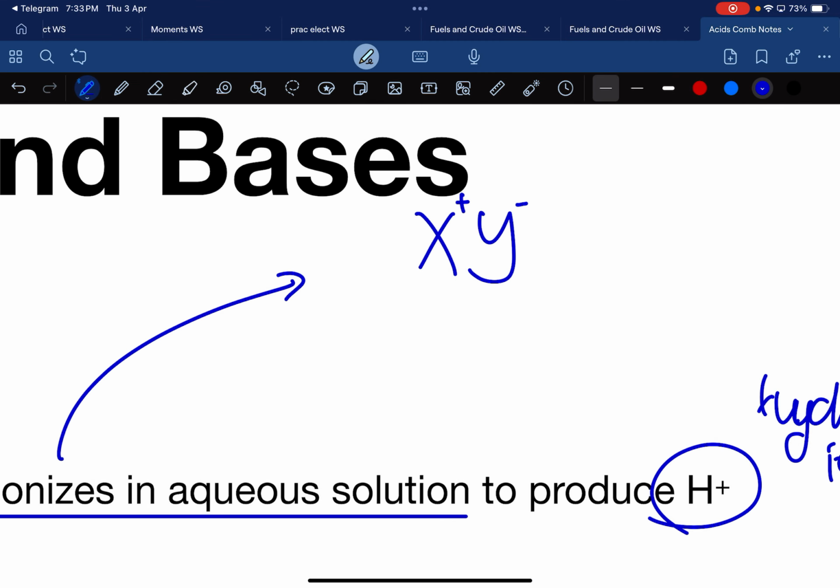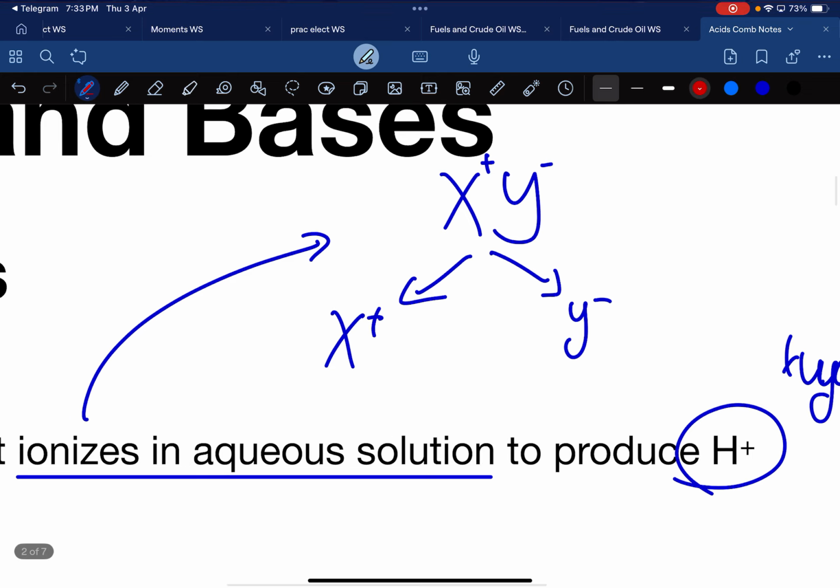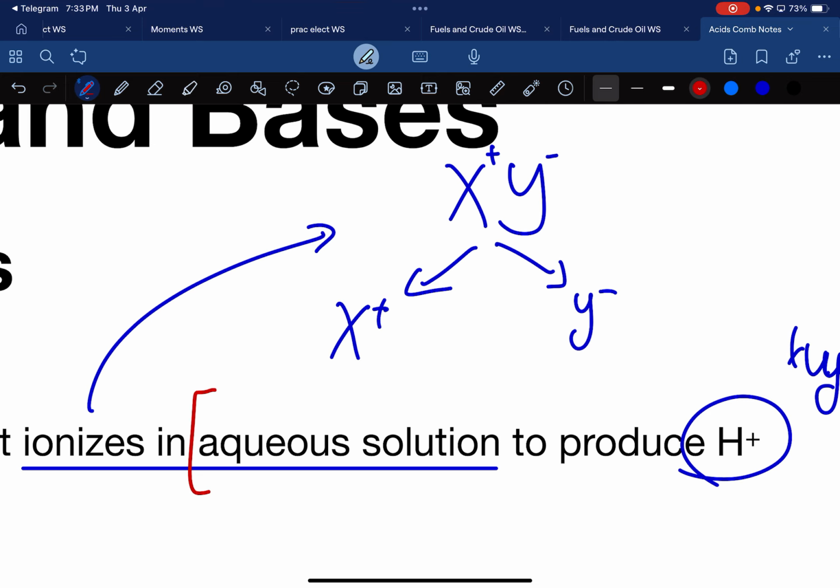So during this splitting process, you will then obtain X plus and Y minus ion. Following so far? This ionization process only, important, only takes place in aqueous solution. Eva, what does it mean to be aqueous solution? What does aqueous mean?